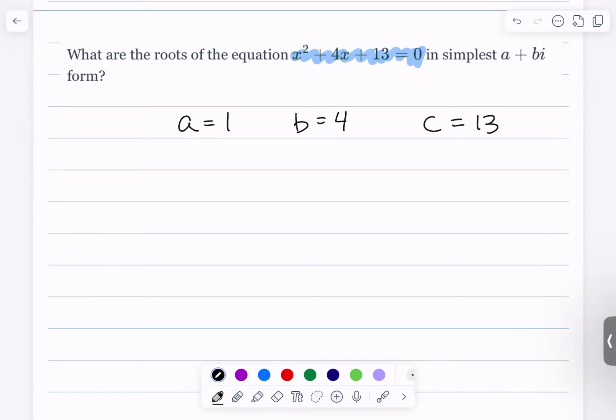So x equals negative B plus or minus, I'll just write it out actually. X equals negative B plus or minus square root of B squared minus 4AC all over 2A.